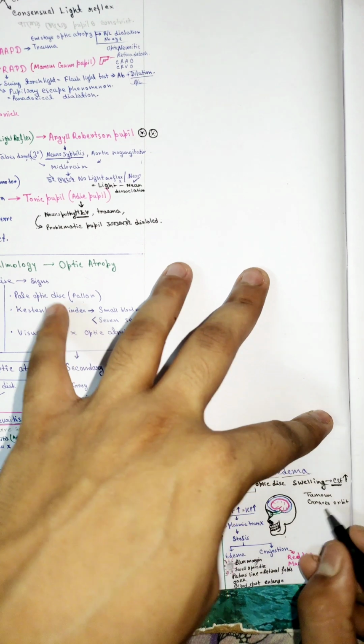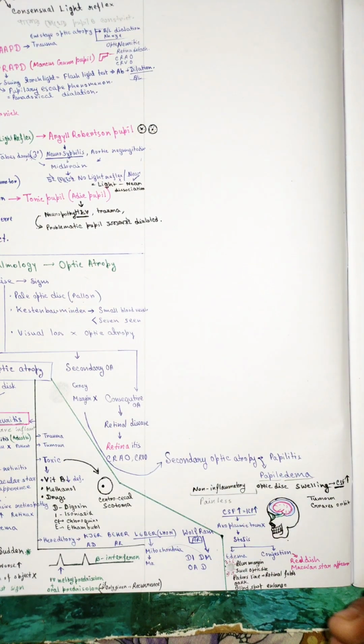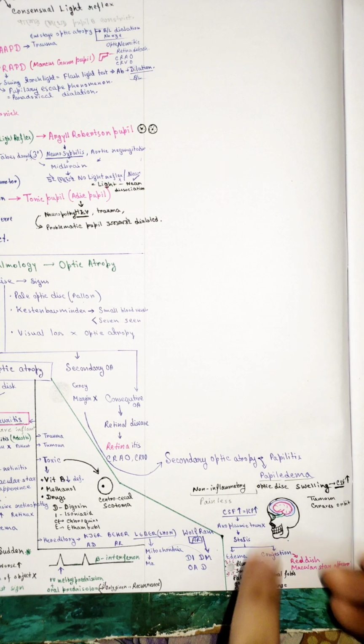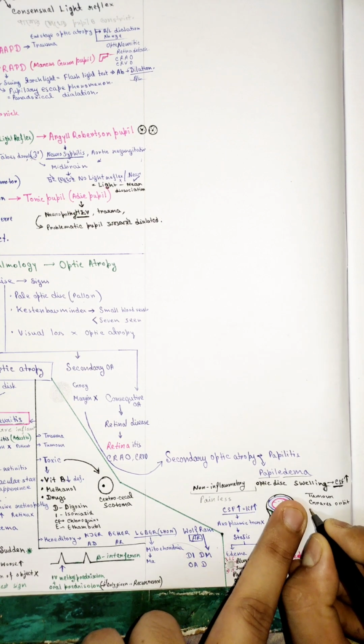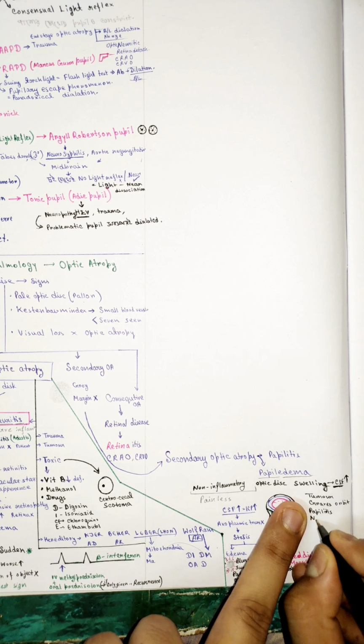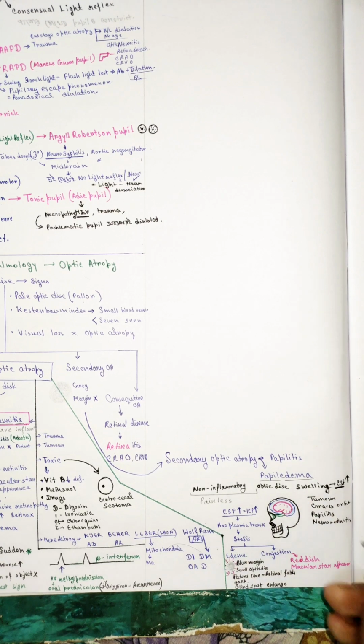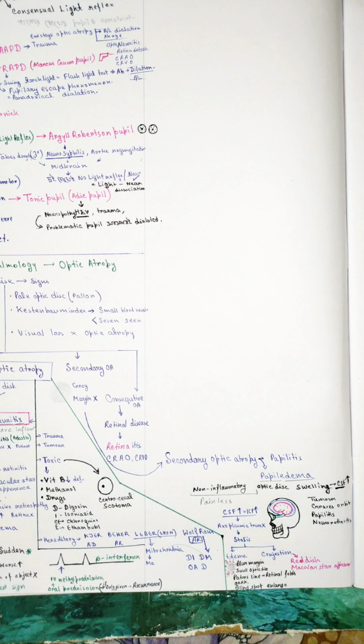Others like ocular hypotony, that means intraocular pressure gone less, papillitis, inflammation, neuritis, neuroretinitis. Many more reasons are there, not writing them down.